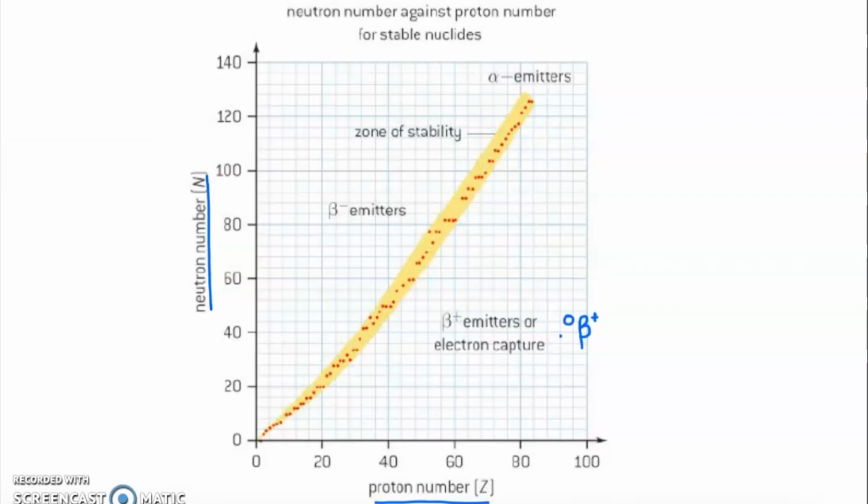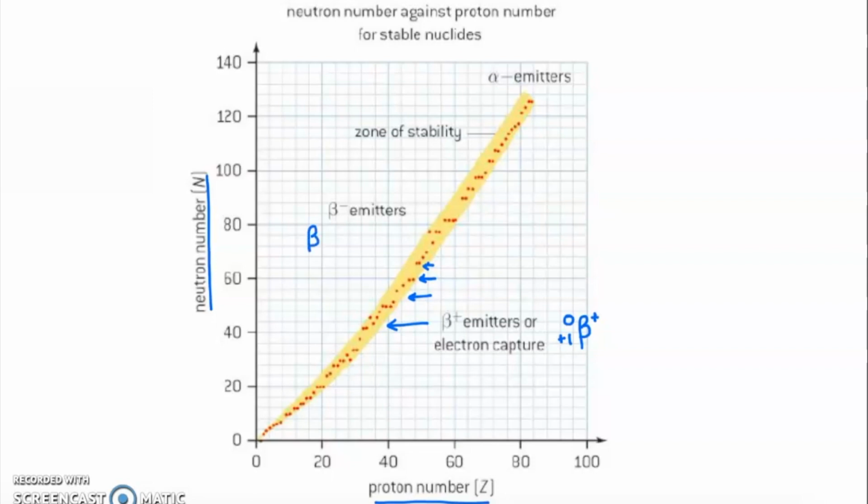That's a 0, +1 configuration. Now remember, as that happens, we still need to balance our equations. That means that the daughter atom is going to have 1 less proton. So for this reason, beta positive emitters are moving this way towards the zone of stability.